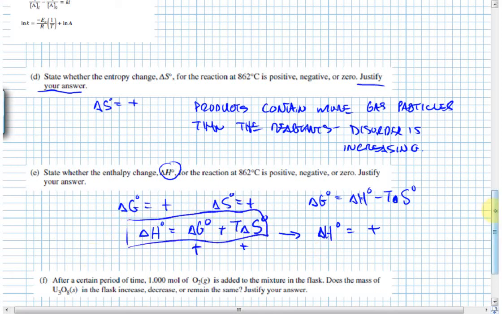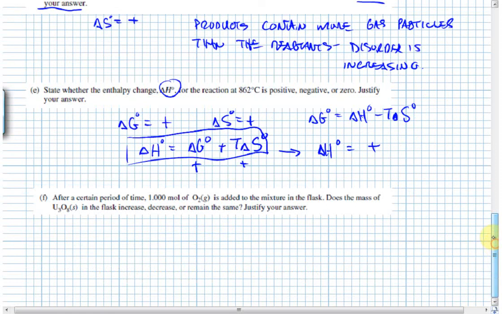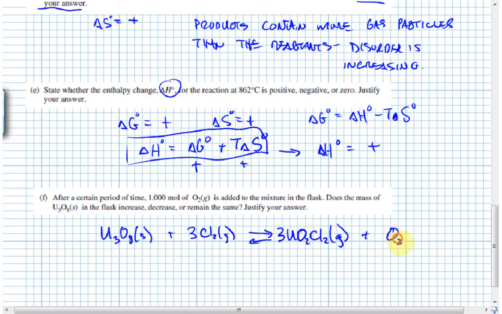All right. Finally, last part, Le Chatelier's principle. We've got the reaction at equilibrium. I'm just going to go ahead and write that reaction again. We've got the solid uranium oxide reacting with chlorine gas in equilibrium with UO2Cl2 gas, 3 of those, plus oxygen gas.